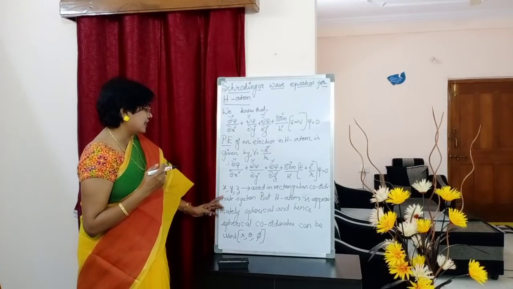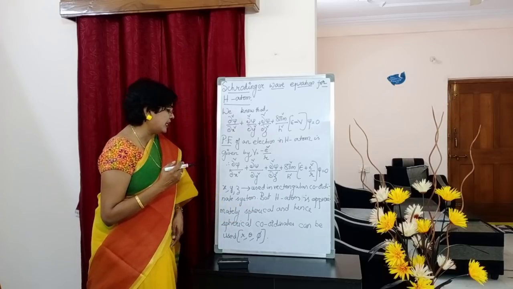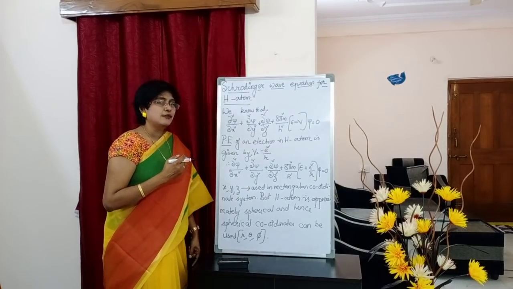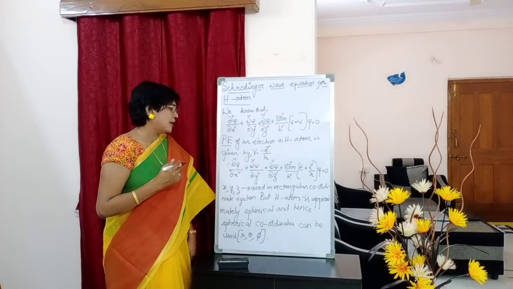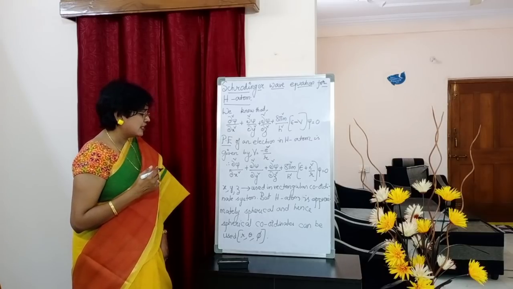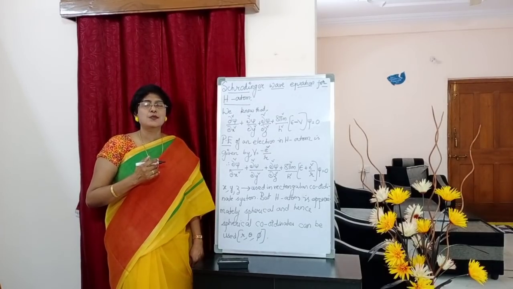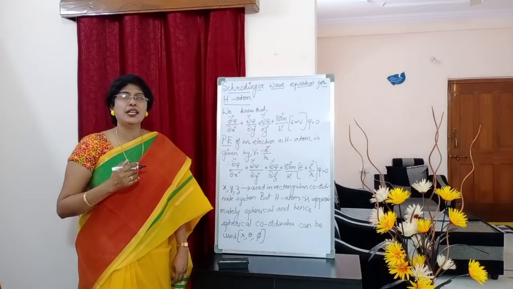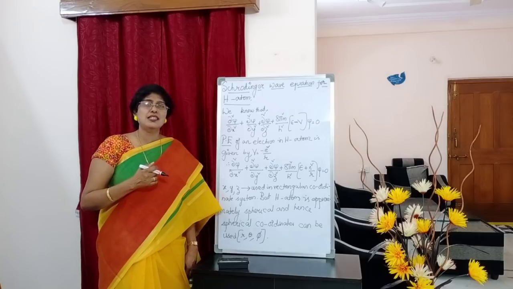So write down, students: x, y, z are used in rectangular coordinate system, but hydrogen atom is approximately spherical, and hence spherical coordinates can be used. What are the spherical coordinates, students? Rectangular coordinates are x, y, z.